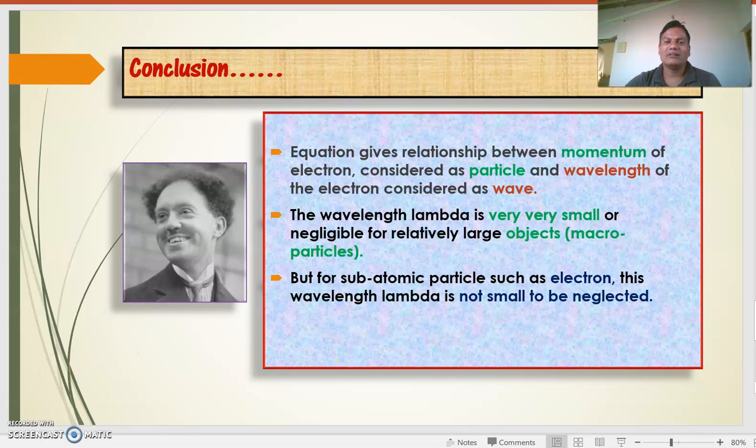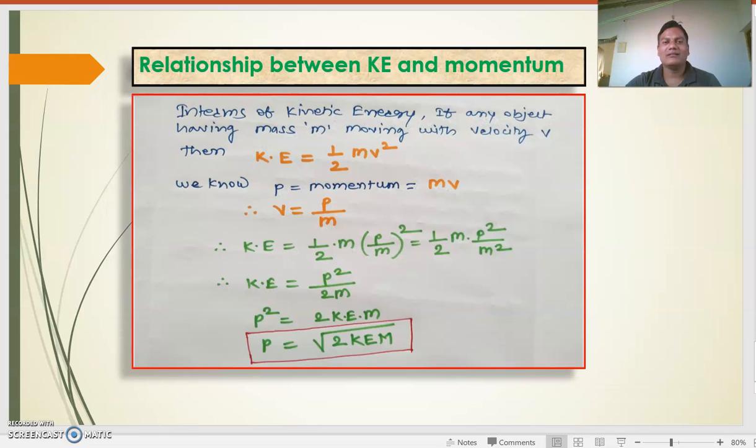The same equation is correlated with kinetic energy. In terms of kinetic energy, if any object has mass m and velocity v, then kinetic energy is always equal to half into mv square. Momentum is nothing but mass into velocity, so velocity is nothing but momentum upon mass. Put the value of v into the equation of kinetic energy.